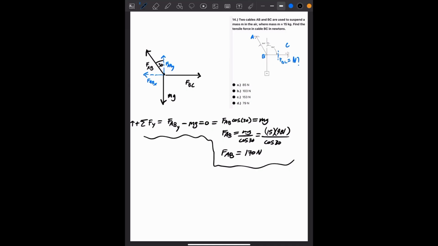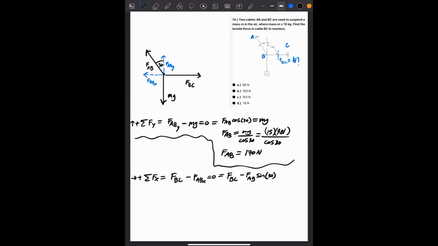So let me draw a little divider here. Let's say now we want to sum the forces in the x direction with the right being positive. So we have FBC, which is what we want, minus FABx equal to 0. That's equivalent to FBC minus FAB, and in this case we actually get sine theta, which is sine 30.